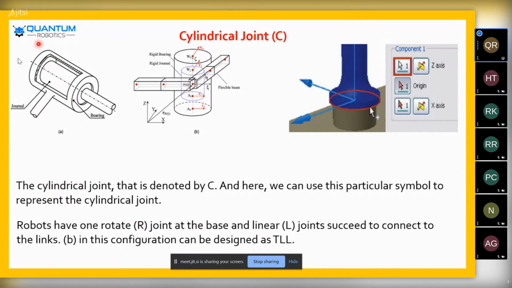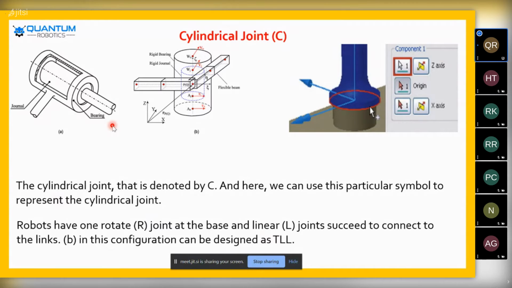Here the cylindrical joint is a journal and a bearing. In the cylindrical joint, the part moves forward and backward, it can rotate with angular momentum in a particular direction, or it can give a precise way of locating an object.